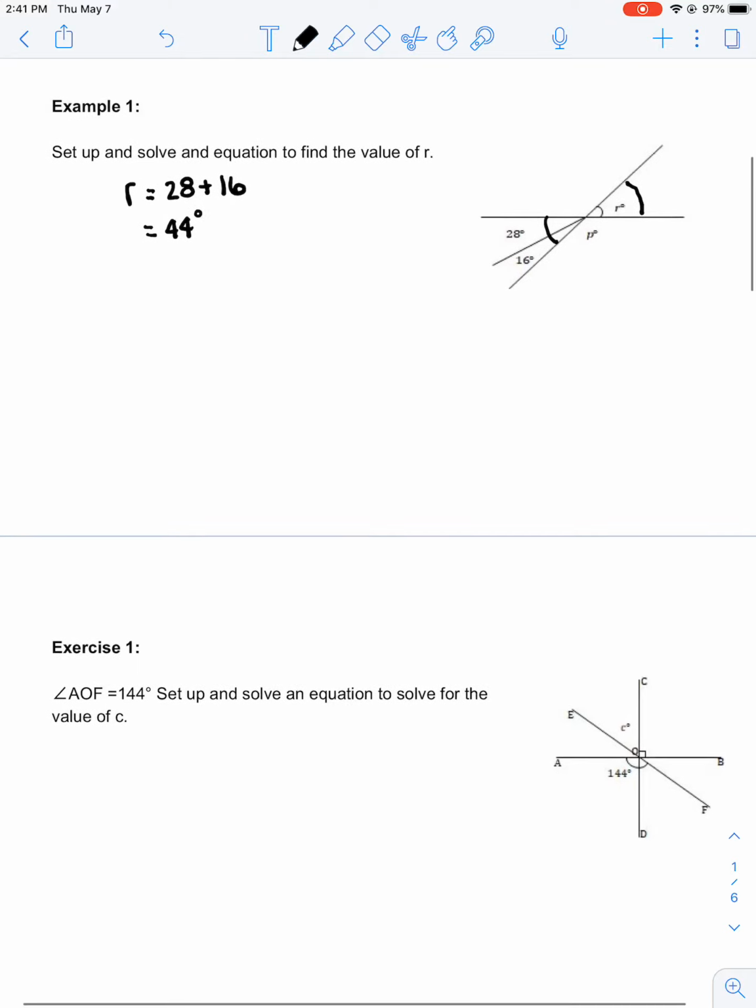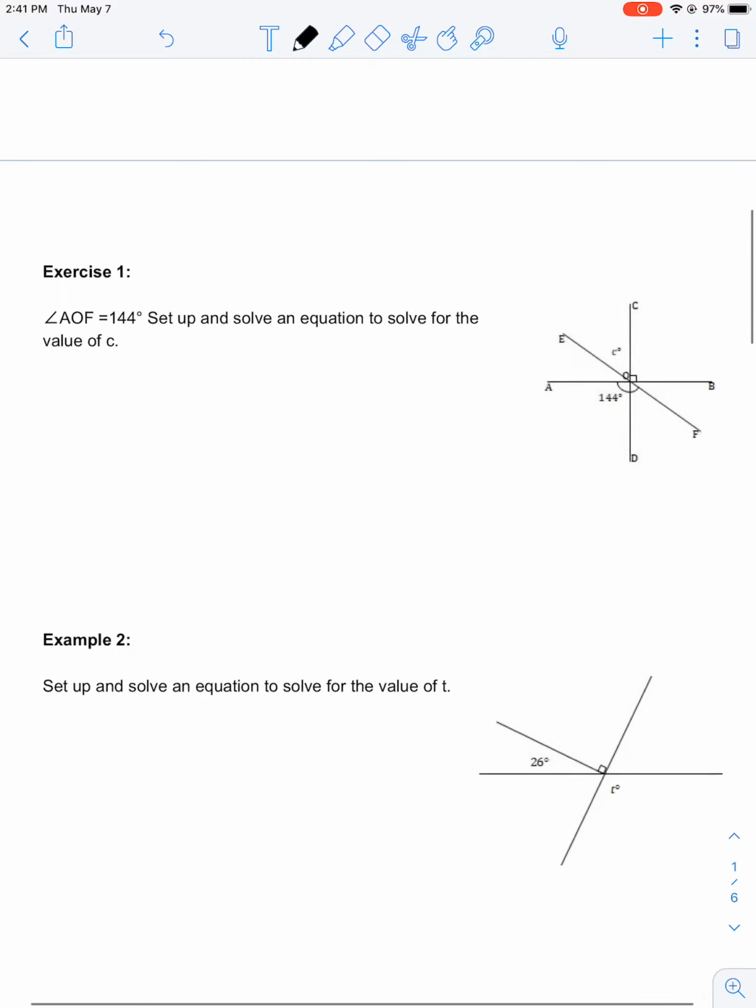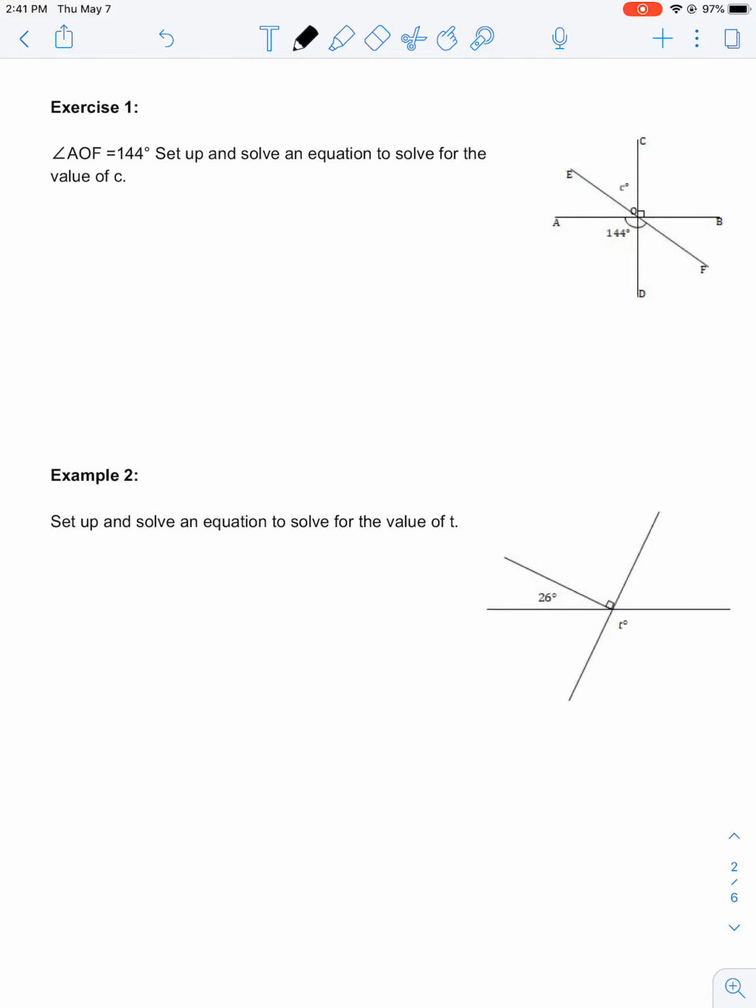Our next example is exercise 1. We have A, O, and F. So this one right here, AOF, if you notice right here, equals 144 degrees. We want to know what C equals. We can notice right here that this and this is that vertical angle right here.